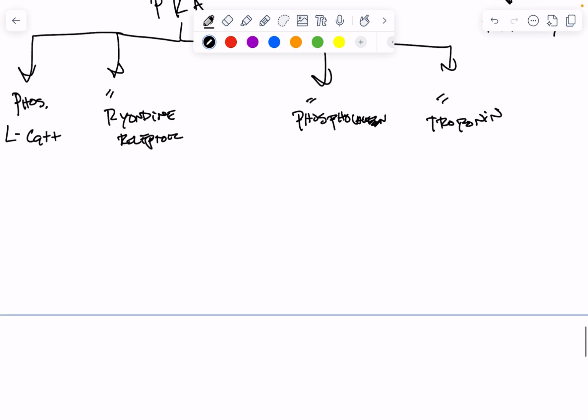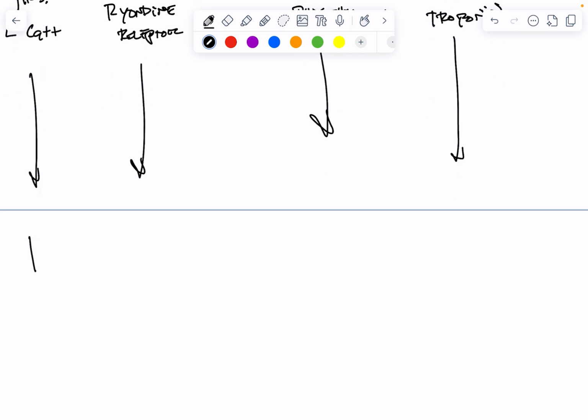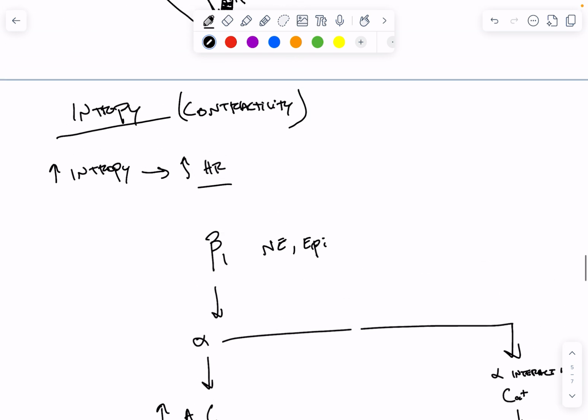Essentially, all of what these are going to do in different ways is increase contractility, which is what we call the inotropic effect.